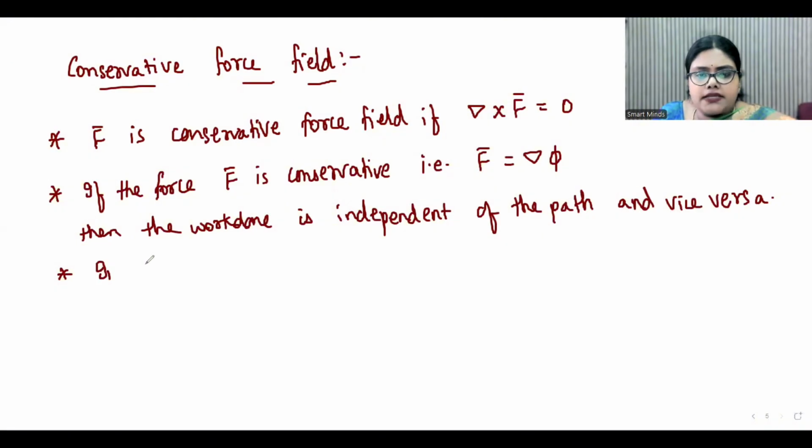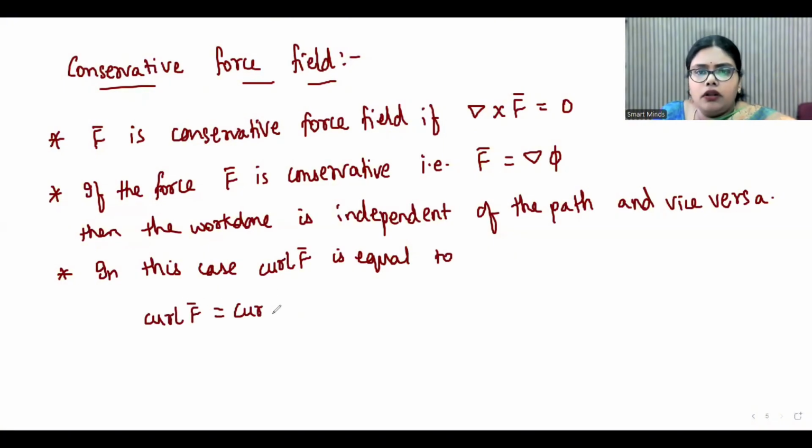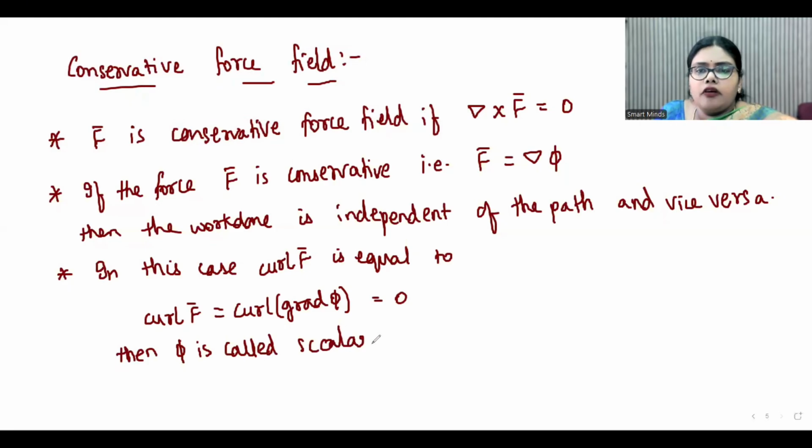So in this case, curl F bar is equal to curl grad phi, and that is equal to 0. If curl F bar is 0, then you can say that phi is scalar potential. Phi is scalar potential.